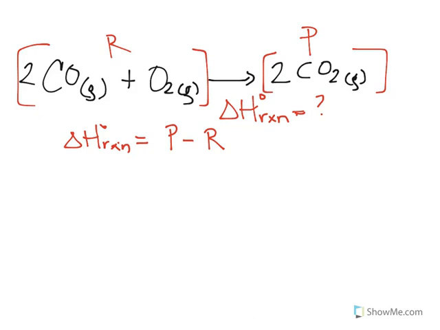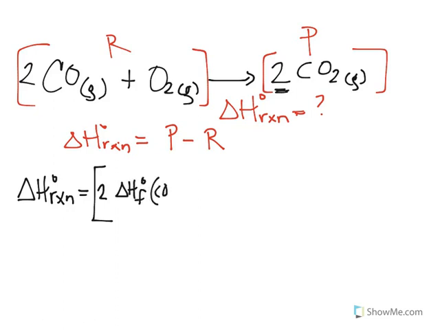If we're doing products minus reactants, then delta H of the reaction is going to be, we've got to do the products first, 2, that's the number of moles, times the standard heat of formation of carbon dioxide, and because that's all our products, we'll close that off, minus, and then we have to do our reactants.